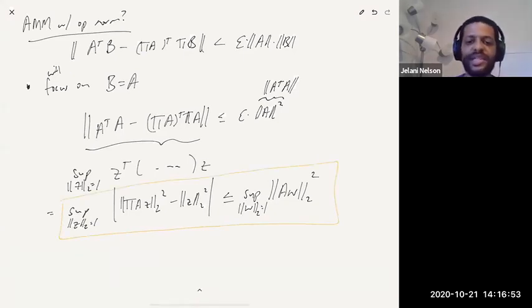But we're going to get something that's even stronger in today's lecture, which is the notion of what's called the subspace embedding.